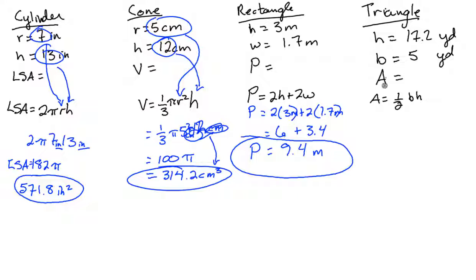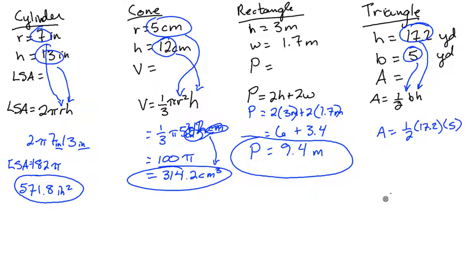Good. And then the triangle. Area is 1/2 base times height. If you're thinking, shoot, we should just stick it in, that's a really good place to be. You just stick it in. Somebody gave us the formula. That's nice. So the area equals 1/2 times the base, which is 17.2, times 5.